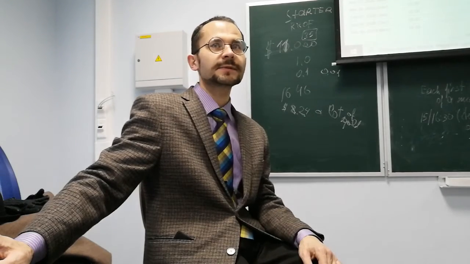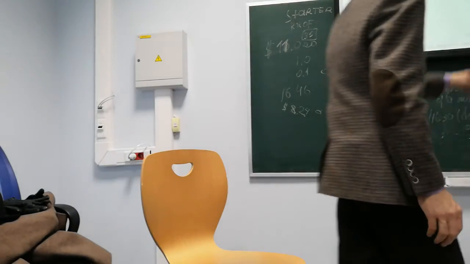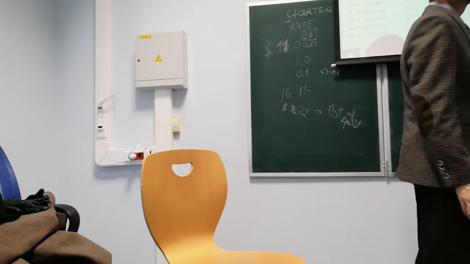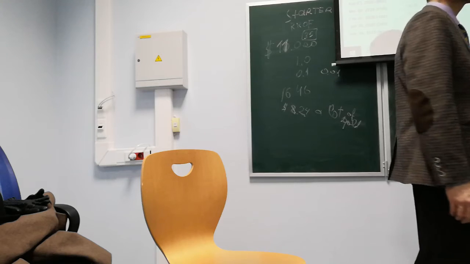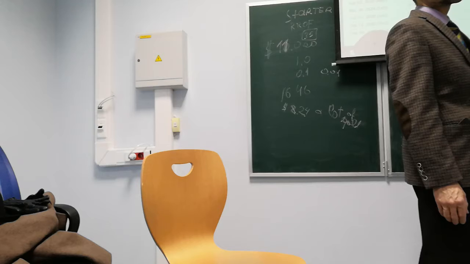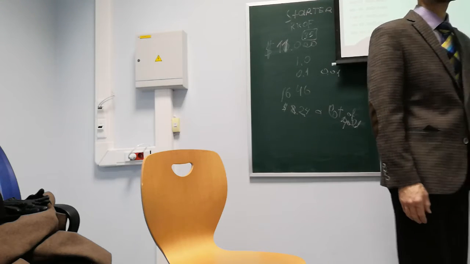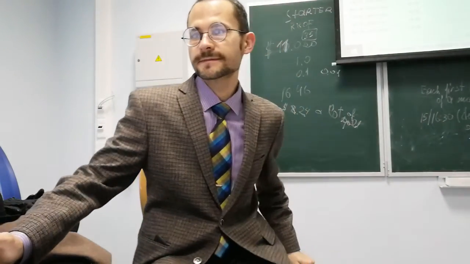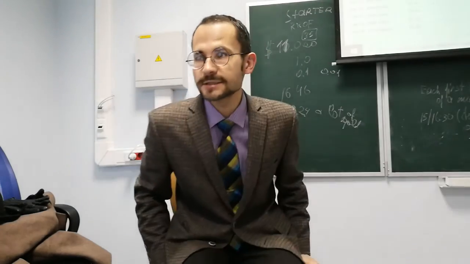Most interesting example is here. You see this? 20 million jobs. That was when the pandemic started. That's the most amazing thing of all. 20 million people lost their jobs.